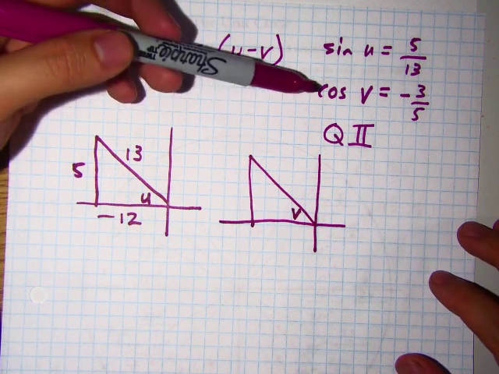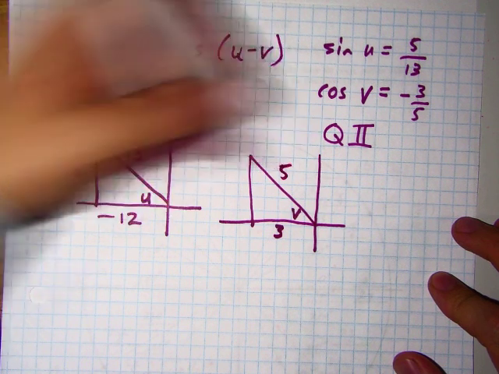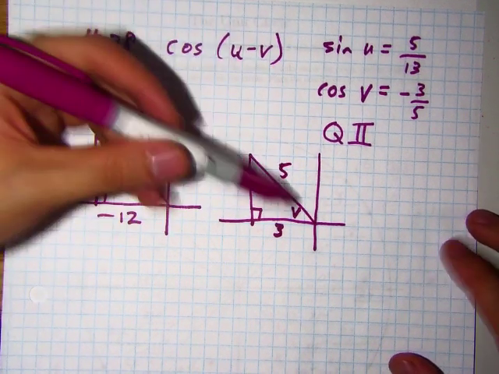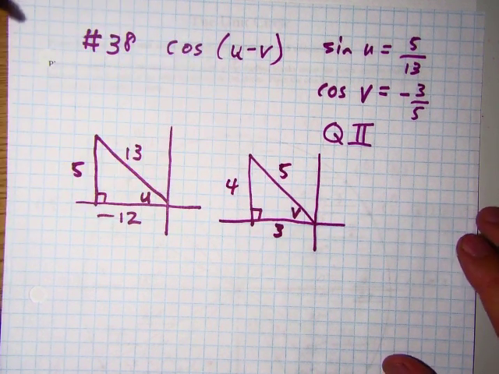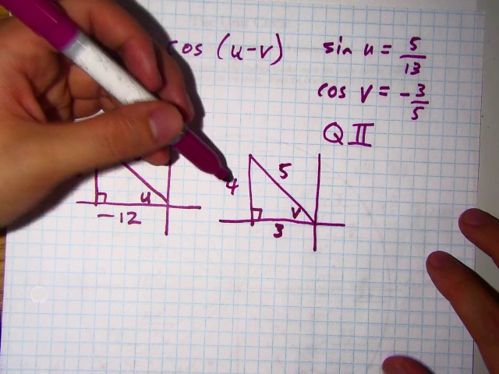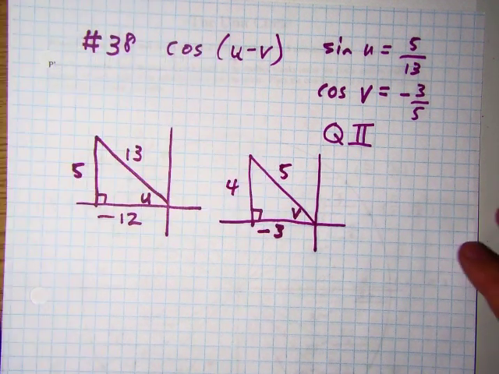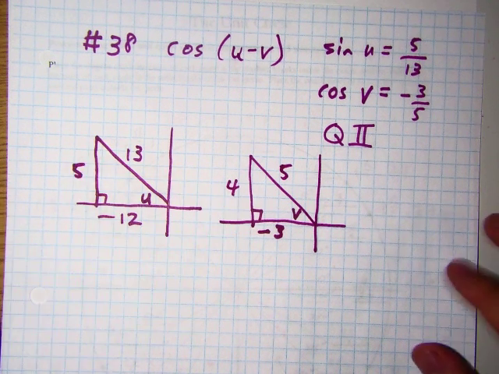Cosine is adjacent over hypotenuse. Sorry, let me draw the right angles there. We know that's a Pythagorean triple, a 3, 4, 5 triple. Again, let's put the negatives in the appropriate spot. It's negative x, so it's negative 3, and it's positive in the y, so it's positive 4. And the radius will always be positive.